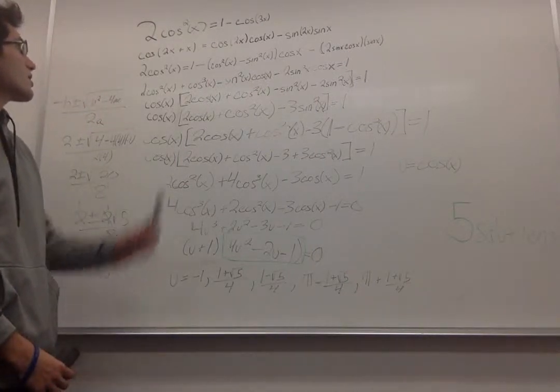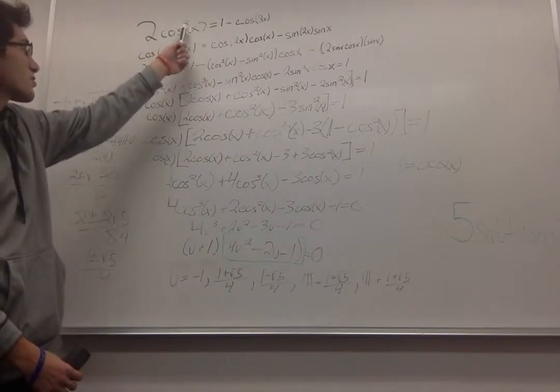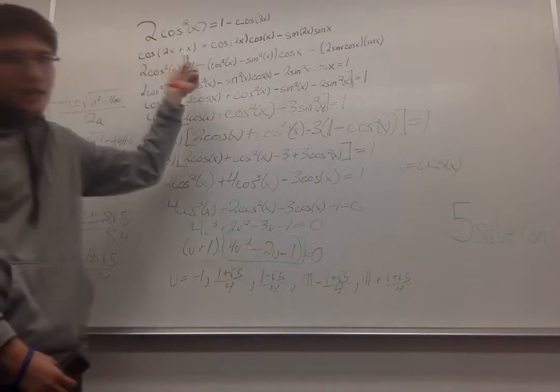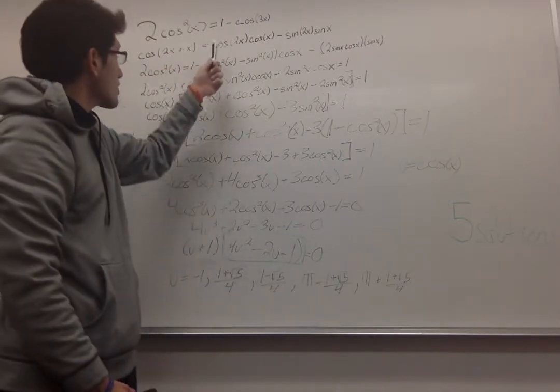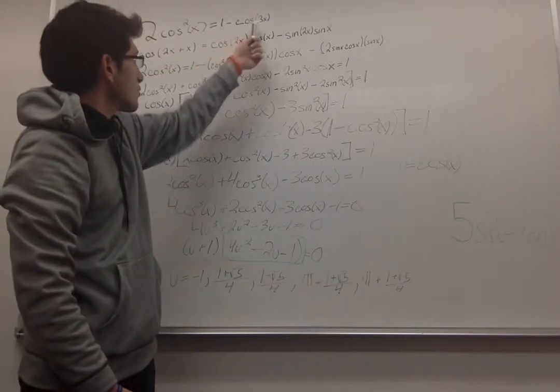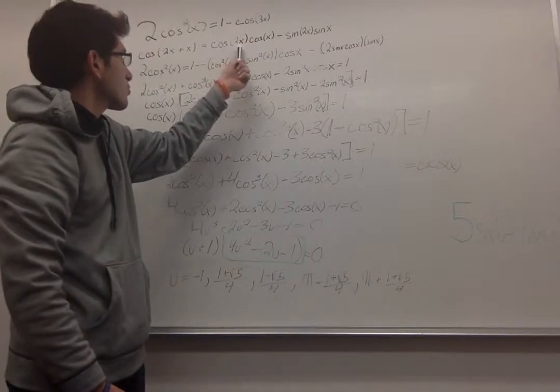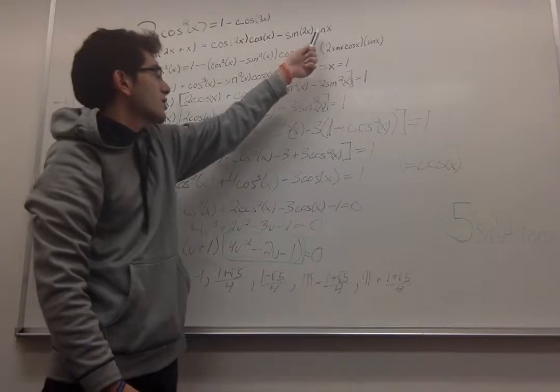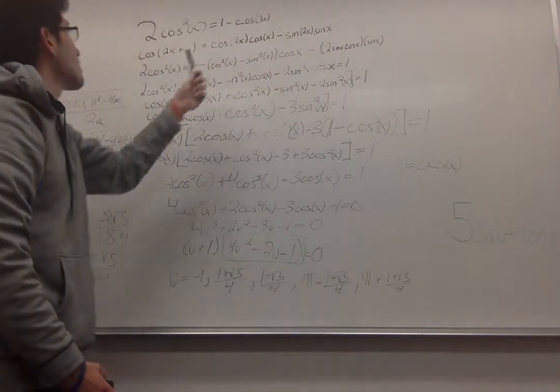The trig identity for 2cos²x is cos(2x + x). The trig identity for 1 − cos3x is cos2x times cosx minus sin2x times sinx.